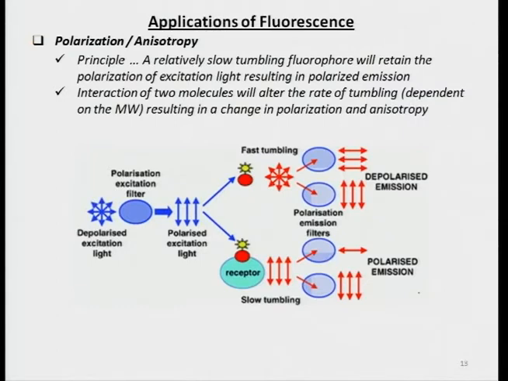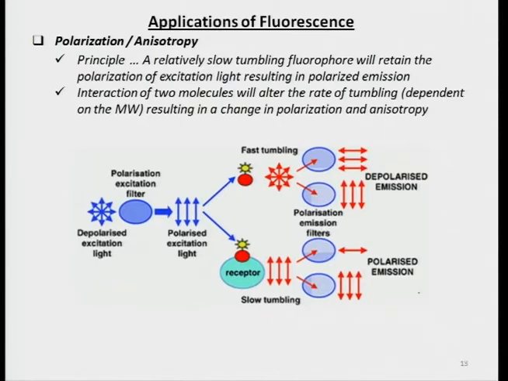And when plane polarized light is incident on our sample, then under normal conditions, if the sample is rotating fast, if it's tumbling really fast, then there is mixing of this. So the plane is rapidly mixed, and you basically lose the directionality of the light that was incident on the sample. And that typically happens with small molecules. Small molecules move fast, they have a higher diffusion rate, and what comes out is depolarized light. So essentially everything is gone.